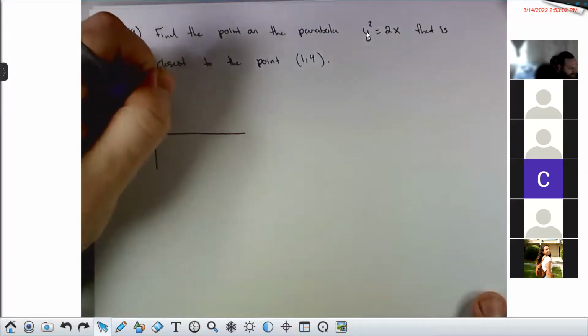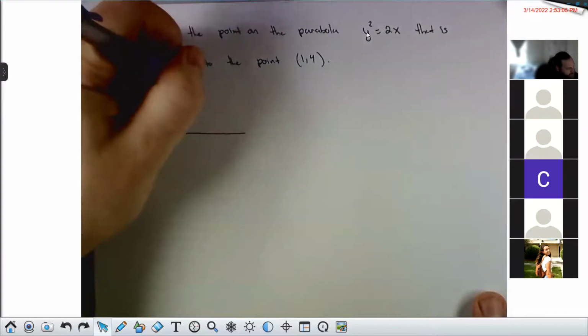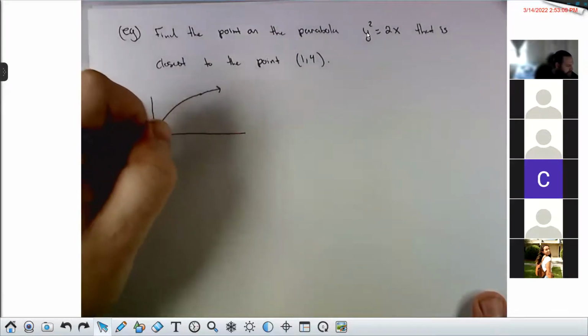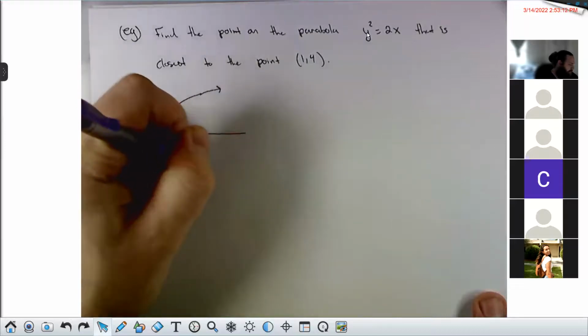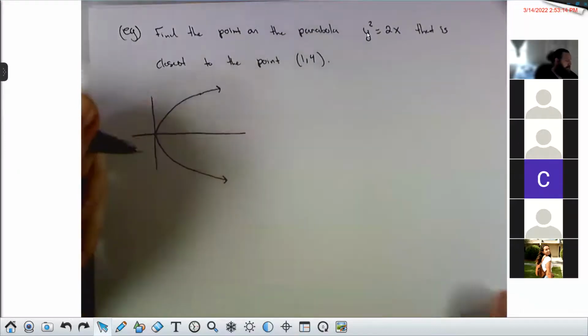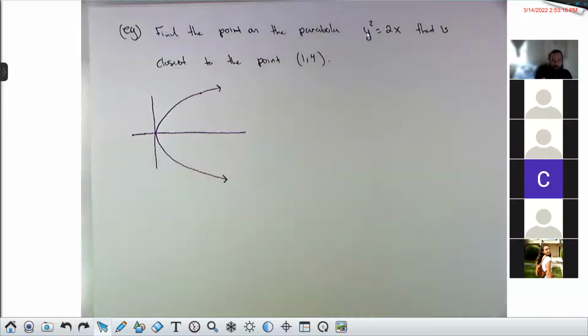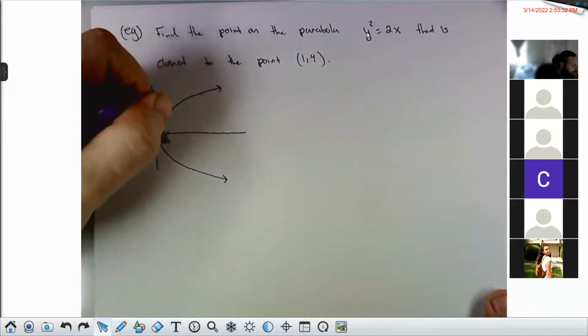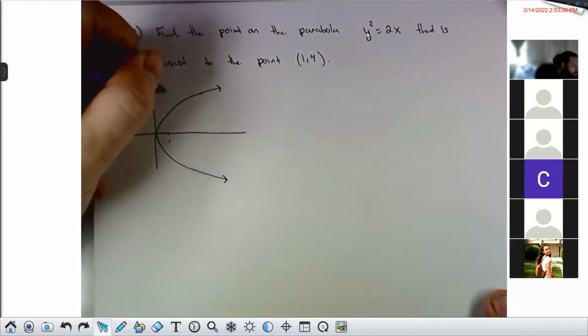In other words, it's a slightly fat parabola that opens to the right. And the vertex is at the origin. You plug in 0 for x, you find out y is also 0. You can plot a few points, right, by plugging in like 2 for x, and then you see y is equal to 2. And the point (1, 4) is going to be right around here.